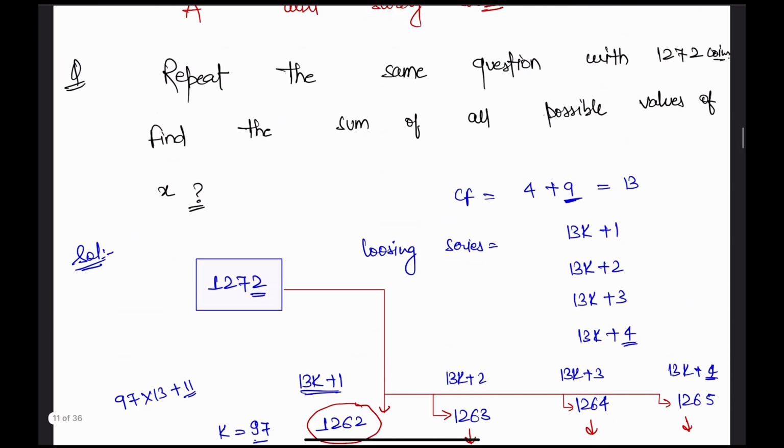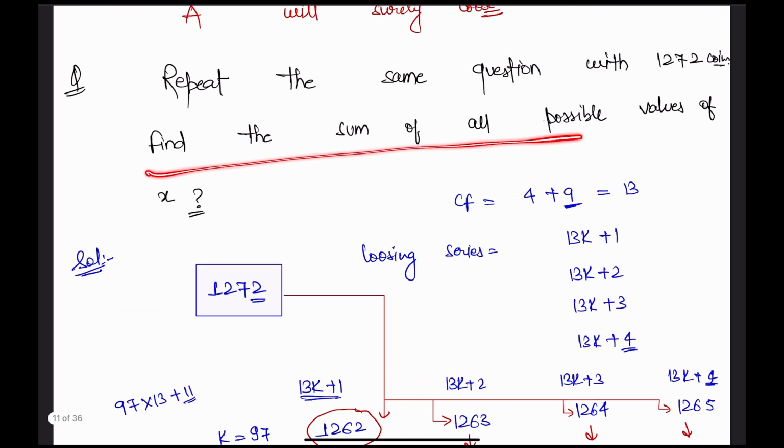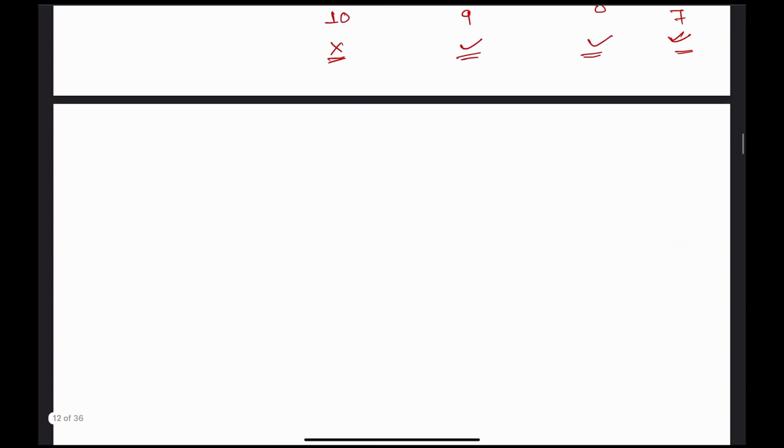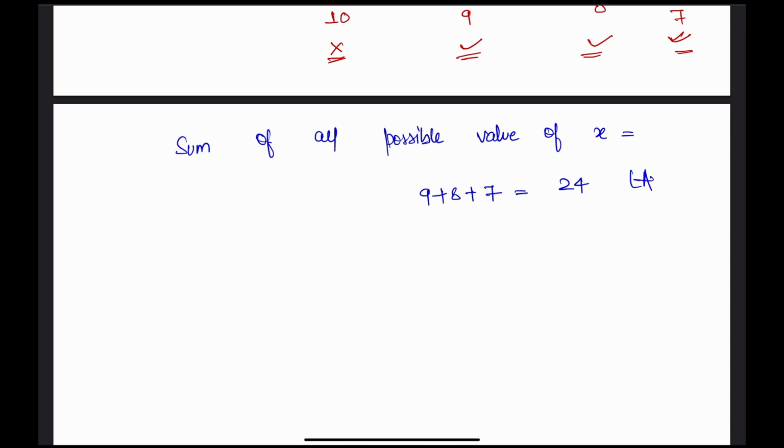The question asks to find the sum of all possible values of x. 10 is not possible. So 9 plus 8 plus 7 is 24. So the answer of this question is 24.